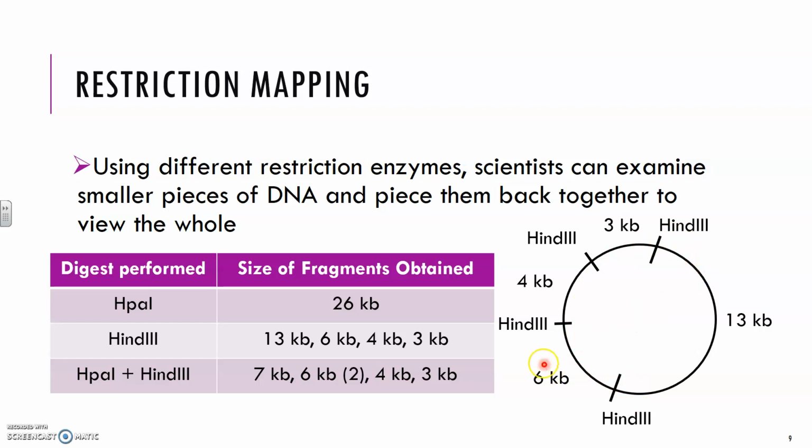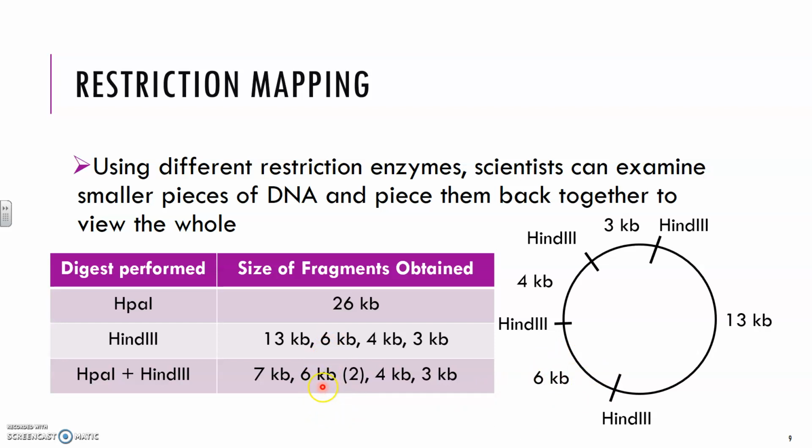So now we need to figure out where the HpaI restriction site is. If we look, you want to look for the differences between these 2 results. The 4 and the 3 are the same, so we know that it's not here. We do have a 6 kilobase pair in both of them, so it's not here.